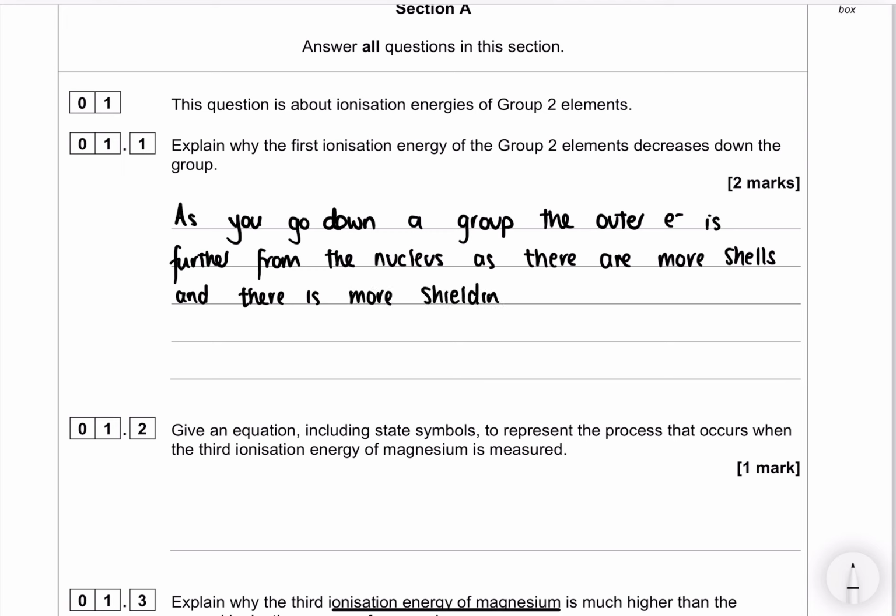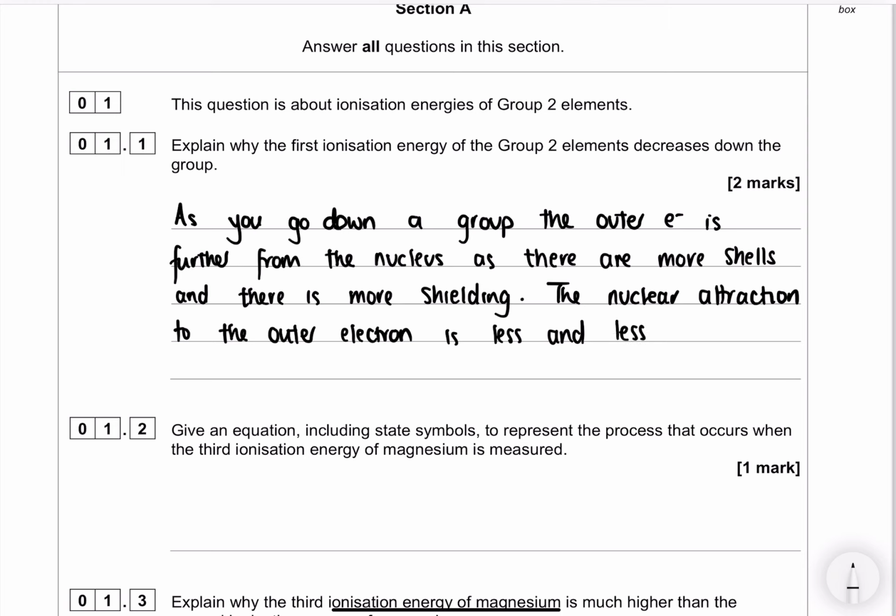As a result of that, the nuclear attraction to the outer electron, so that is the attraction between the nucleus and the outer electron, is less, and less energy is needed.